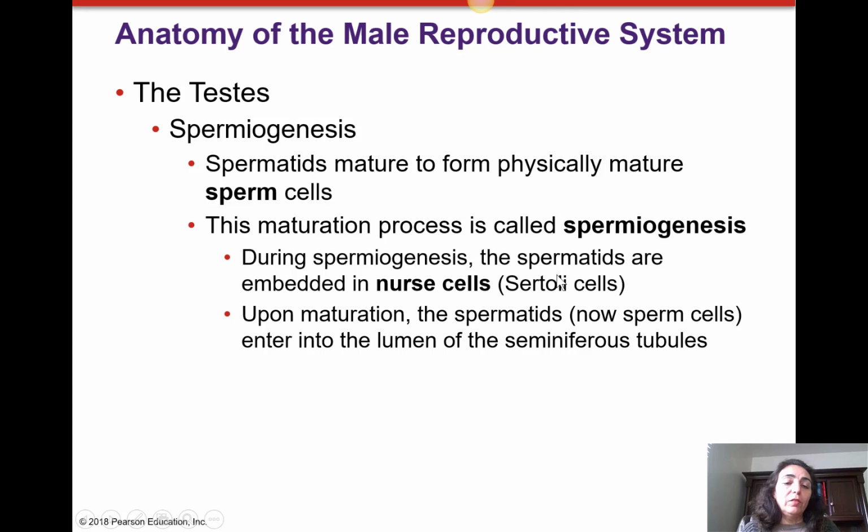Another name for the nerve cells is Sertoli cells. That's much more famous. So nerve cells are the same as Sertoli cells. Remember that one. Now, as we said, those cells remain inside of the nerve cells and go toward the lumen. And upon maturation, when the spermatid becomes completely mature, it is called a sperm cell and enters into the lumen of the seminiferous tube.